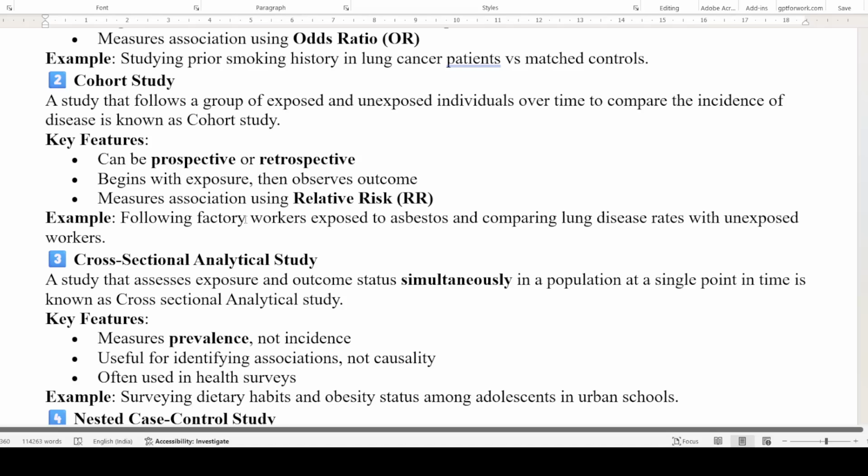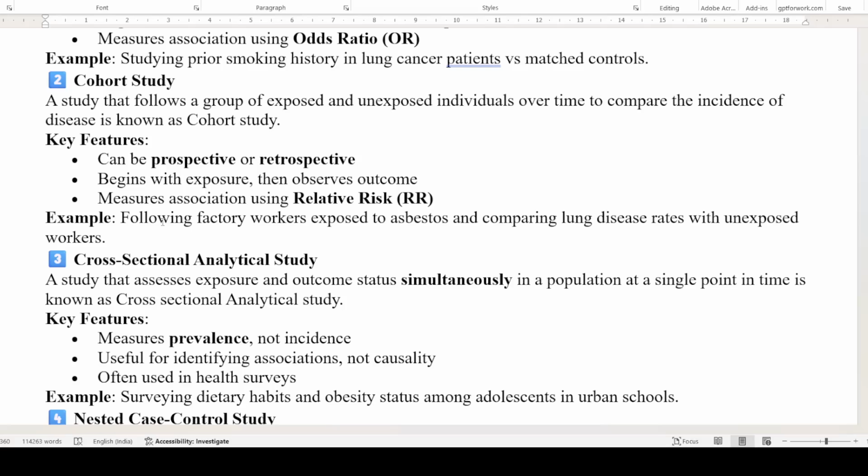For example, factory workers who are exposed to asbestos, and lung disease rates are compared with the unexposed workers. That is a cohort study, right?